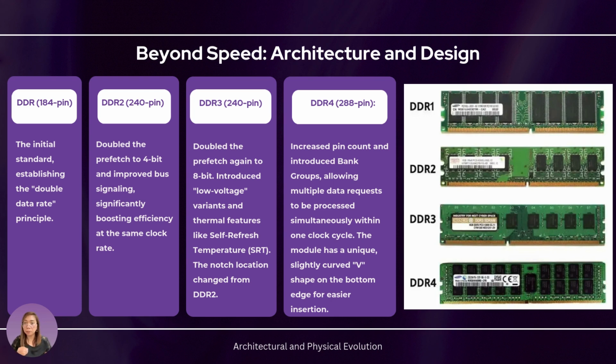Architecturally, it's smarter, using bank groups to process multiple requests simultaneously, maximizing parallel performance. So, pro tip: RAM generations are not compatible. DDR3 will not fit in a DDR4 slot, and neither will it work in a DDR2 slot. This is due to both electrical differences and the physical shift in the module notch, which prevents incorrect installation. So, now you know.